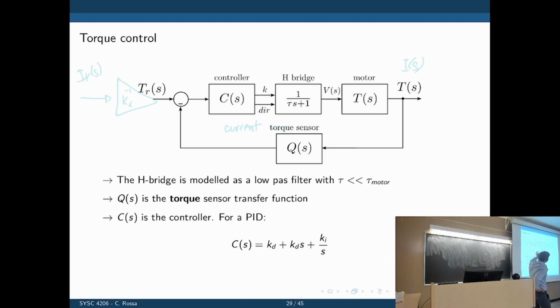So the controller itself is typically a digital controller implemented in a microprocessor, for example. The output of that is a digital signal, and this digital signal is given out to a power amplifier that is there to deliver the voltage and the power to the motor. Here we use a H-bridge. Who knows what an H-bridge is? Everybody knows what an H-bridge is?